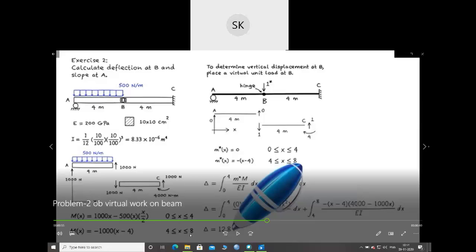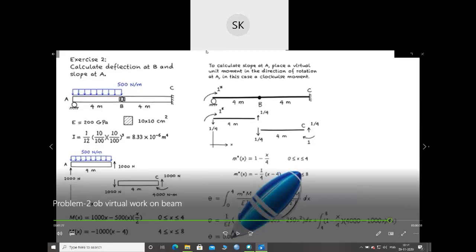So this is also a method to find out the deflection and slope with the help of the virtual method in this problem. Okay, I'm repeating this video so that you can go through the solution once more.